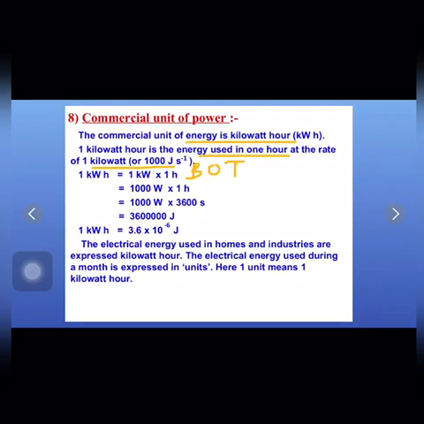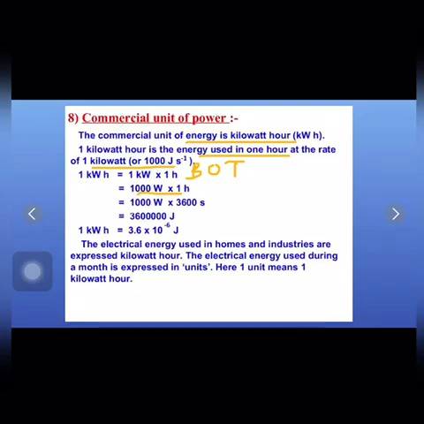Now let us see the relationship between the kilowatt hour and the joule. 1 kilowatt hour is equal to 1 kilowatt into 1 hour. It can be written as 1000 watt into 1 hour, and we know that there are 3600 seconds in 1 hour.